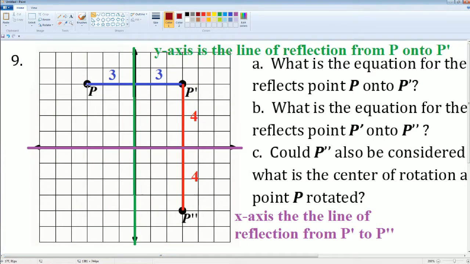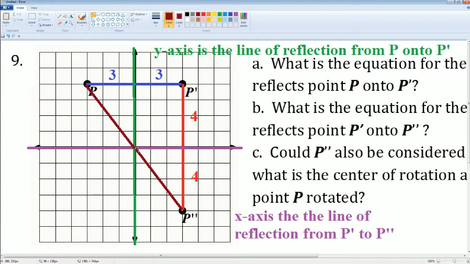Let's see. Do you see how it goes down 1, 2, 3, 4, then across 1, 2, 3? Do you see how it goes across 3, down 4? Same thing here, down 4, across 3. 3 was here, this is 4.